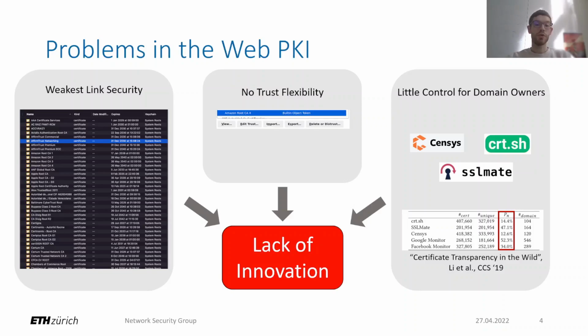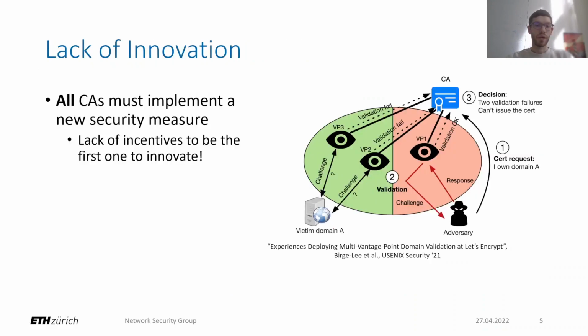All of these lead to a lack of innovation in the Web PKI ecosystem. The question that arises for a CA is, why should I be the first CA to implement a new security measure? There are no immediate security benefits for users, since all other equally trusted CAs are still vulnerable. As an example, Let's Encrypt started using multi-vantage point ACME validation from February 2020.